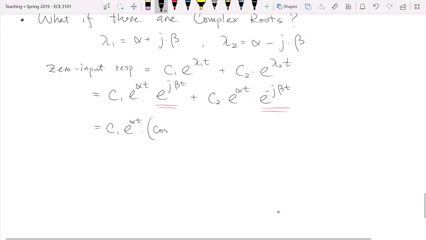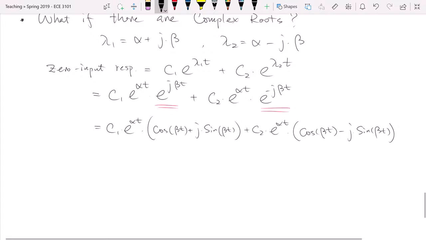This will be e to the alpha t times cosine beta t plus j sine beta t, plus c2 times e to the alpha t times cosine beta t minus j sine beta t. So this is the implication of the fact that sine of x is an odd function, so we can flip the sign. And again, this is just another way of using Euler's formula.